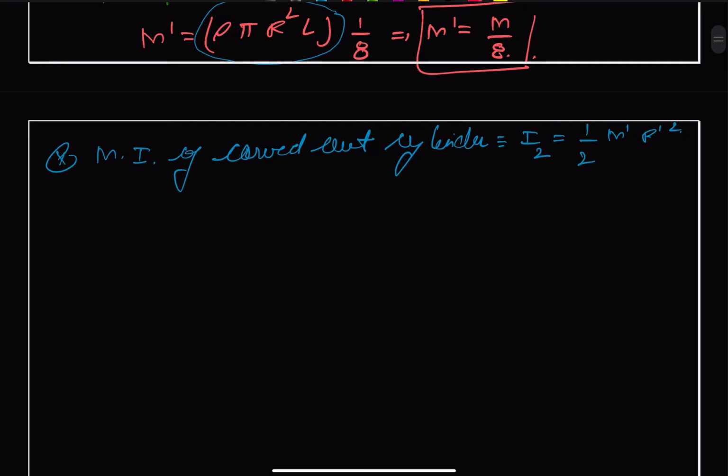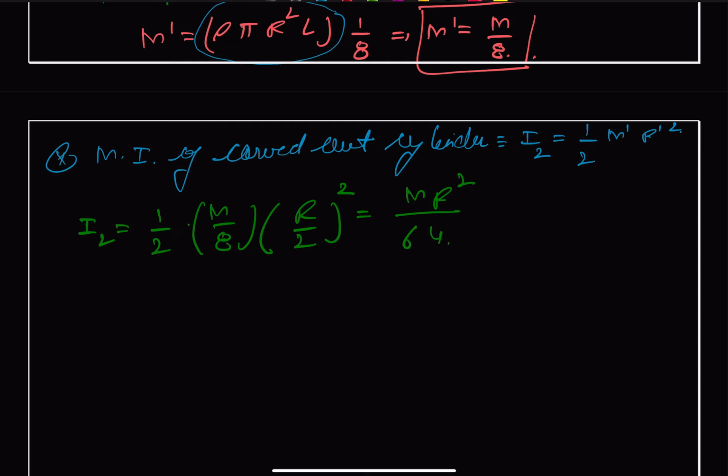So we already know the relationship between m prime and m, and r prime and r. So we substitute them, and we get I2 equal to 1 by 2, m by 8, and r by 2 whole square. This comes as m r square upon 64.